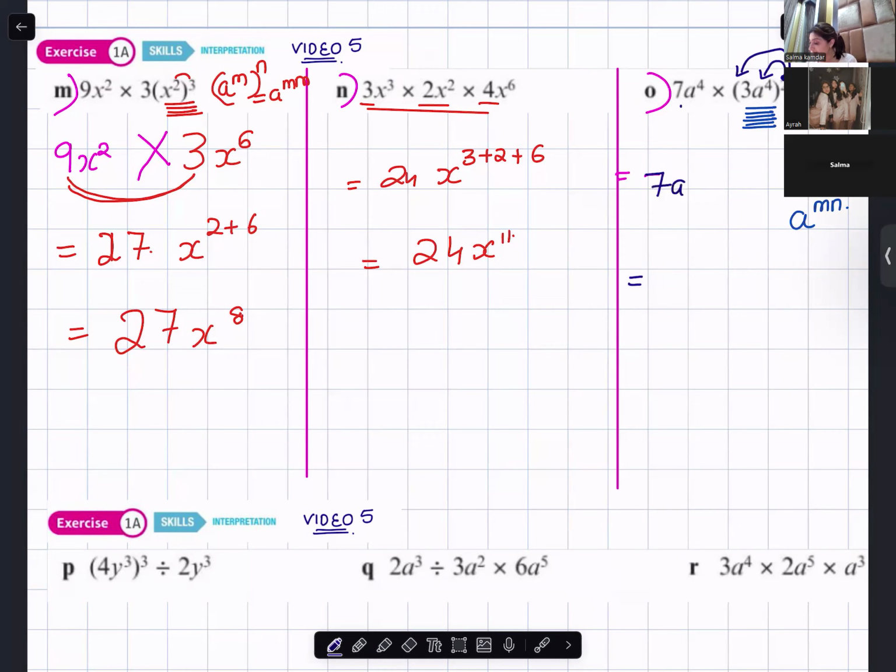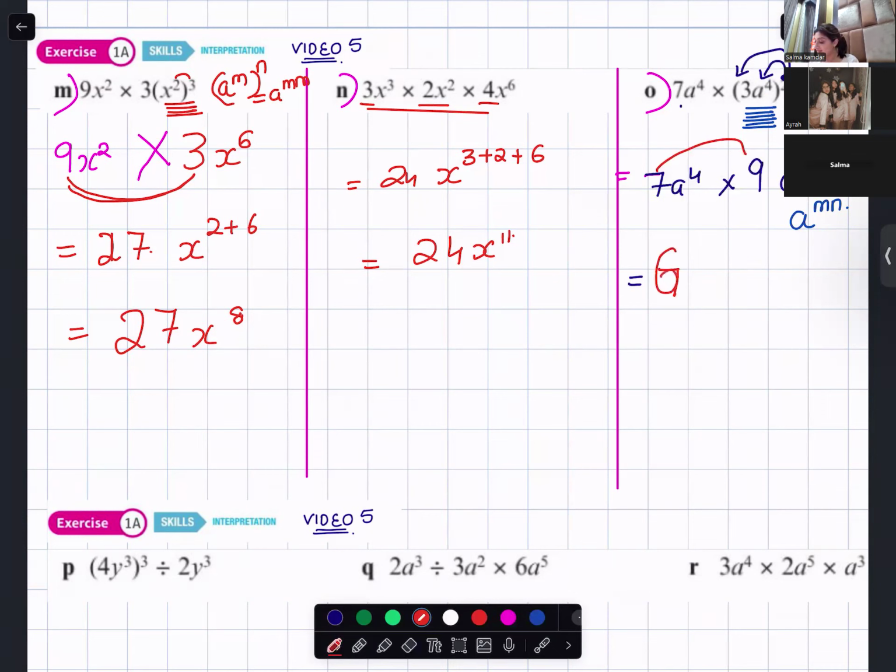So this would be 7a^4 into 3 square is 9, and a raised to mn, so a raised to 8. So this becomes 7 into 9. 7 into 9 is 63, and a raised to 4 plus 8. So this will become 63a raised to 12.